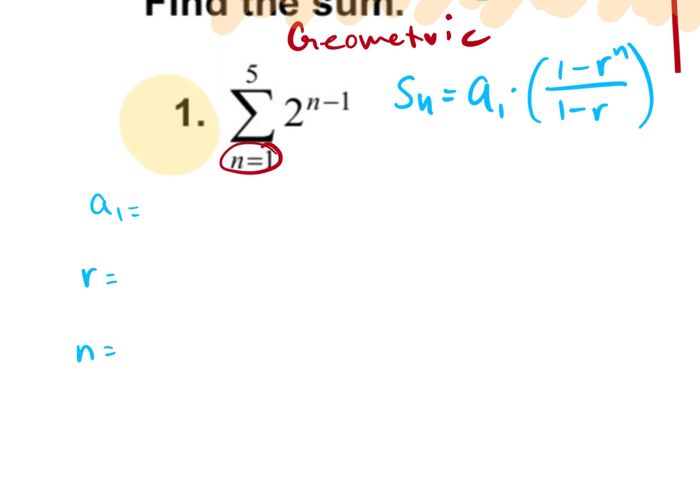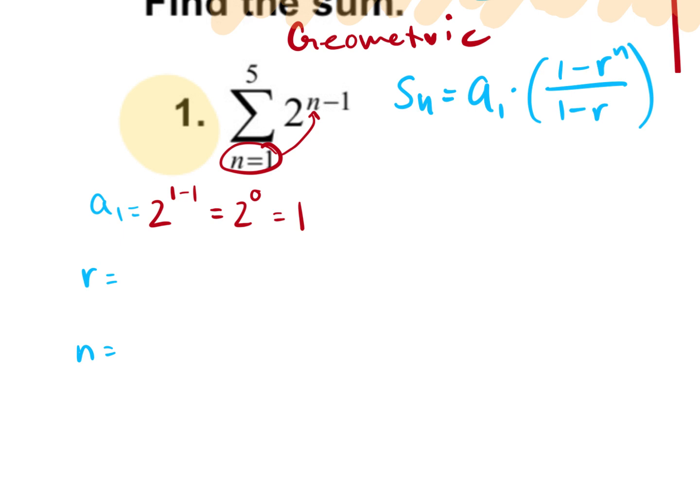Awesome. We're going to take the first number that's given to us and plug it in. So we're going to plug in 1. So 2 to the power of 1 minus 1. So 2 to the power of 0 would be what? 1. 2 to the power of 0 is 1. Again, if you're not sure, just plug it in your calculator, and it'll give you 1.